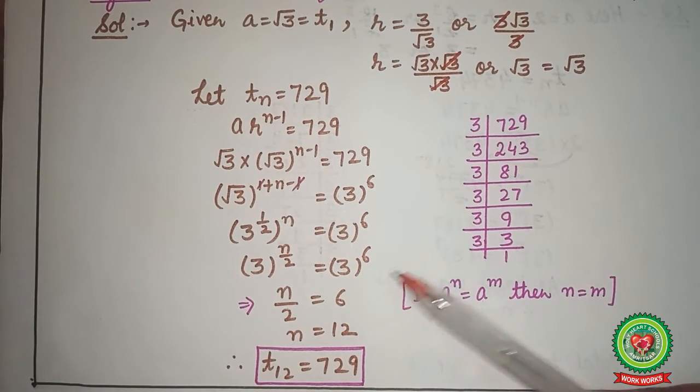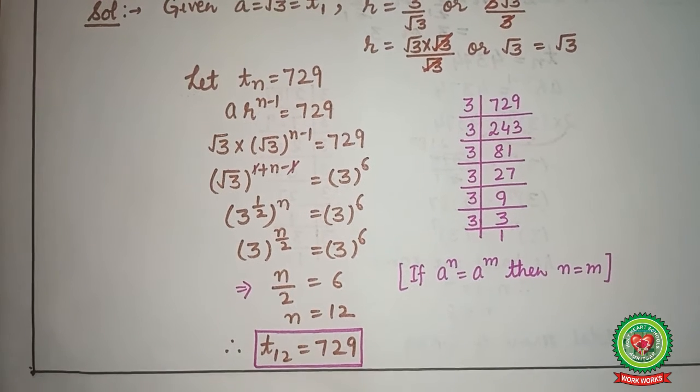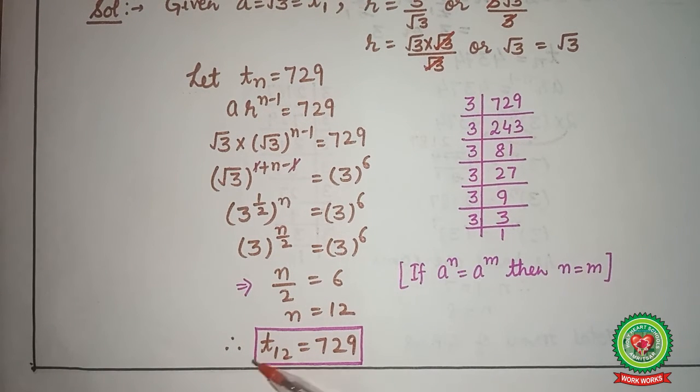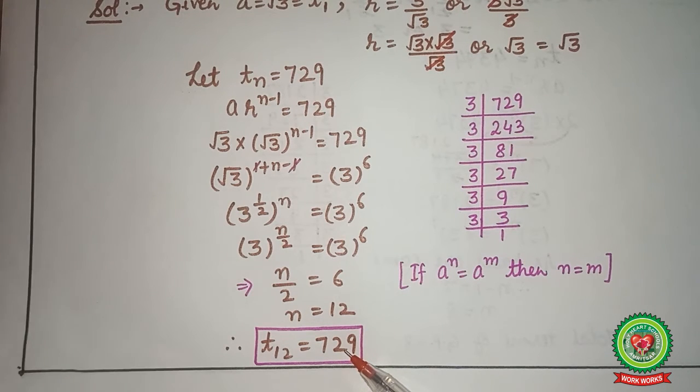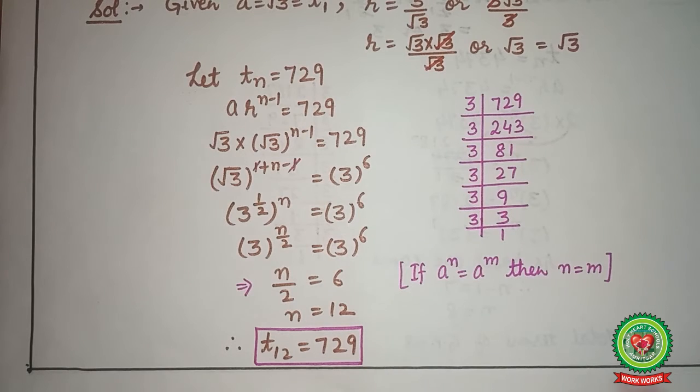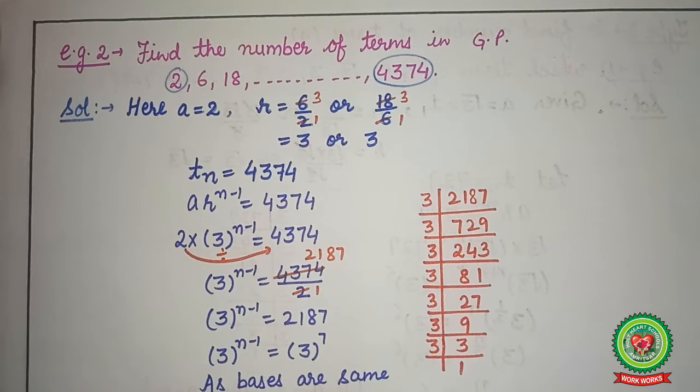On multiplying, we get n is equal to 12. Therefore, the 12th term of the GP is 729. In this way, we can find the position of a particular term. Now, let's discuss one more question of the same type.